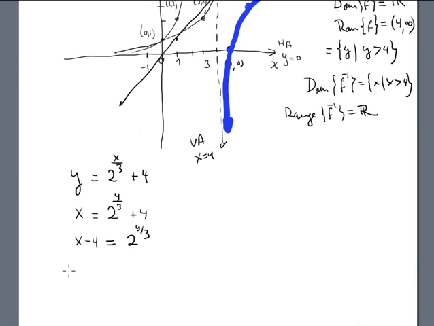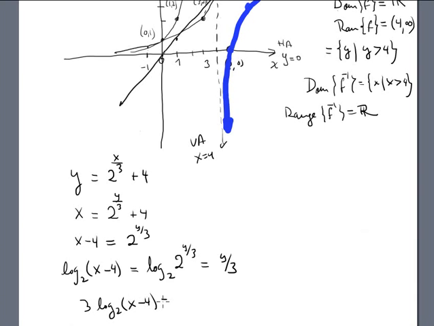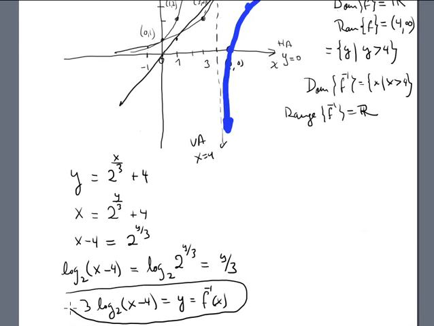Apply logarithm base 2 to both sides. And this is y over 3. And multiplication by 3 is 3 times the logarithm, which is equal to the new y, the inverse function. And this is the expression that corresponds to the inverse function.